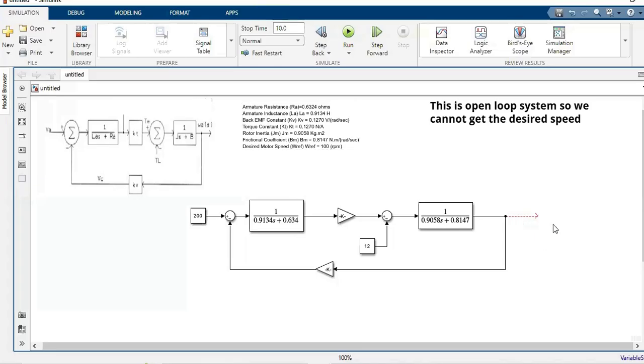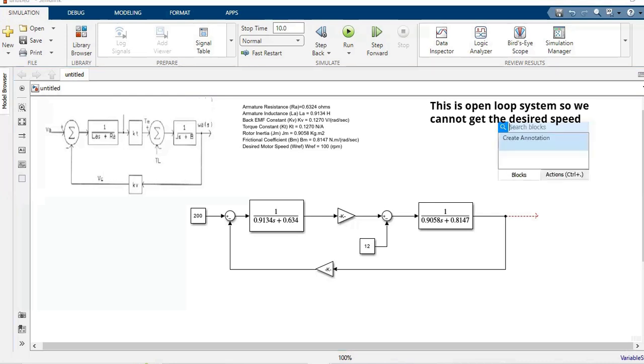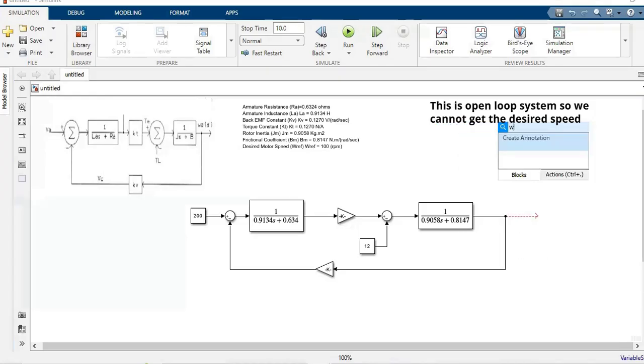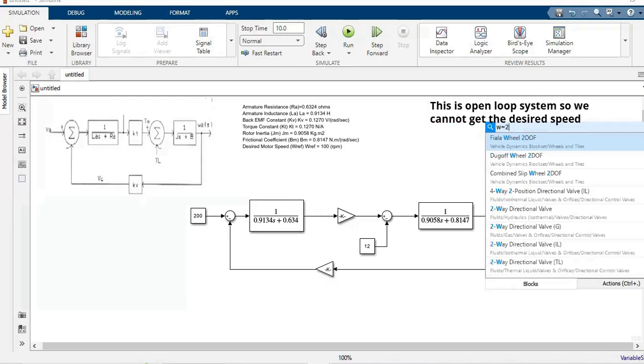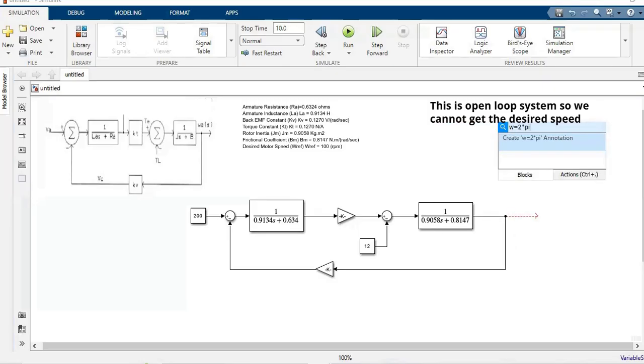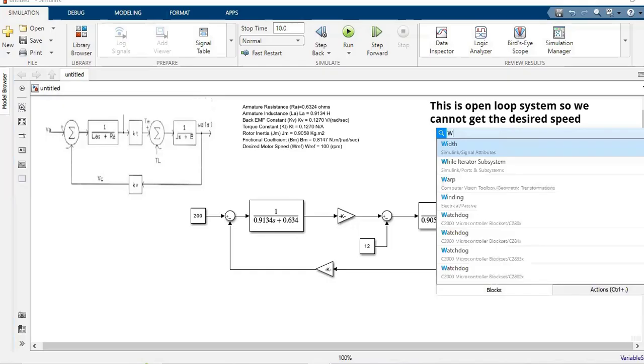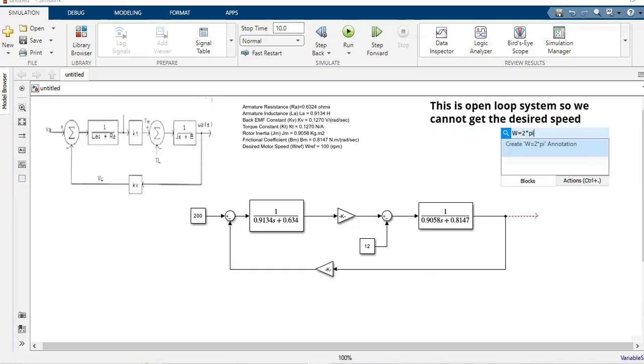If we want to convert the angular speed into RPM, we know that the angular speed omega is equal to 2 pi n divided by 60, where n is the speed in RPM.